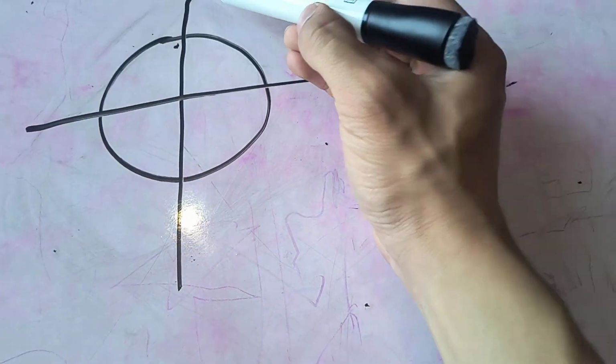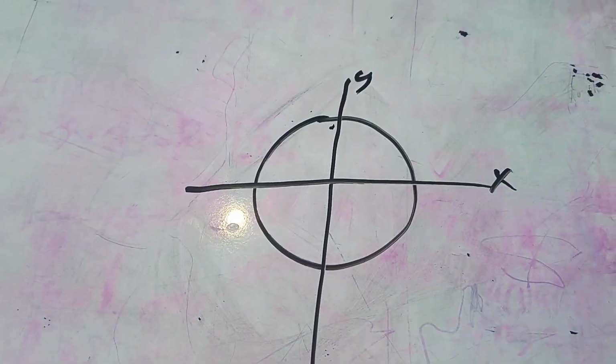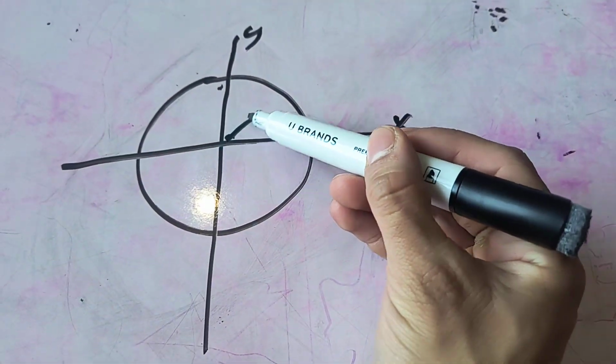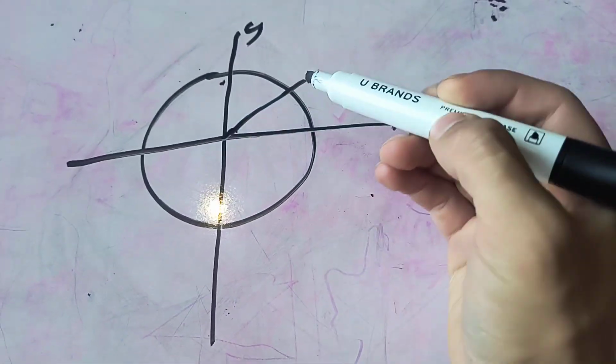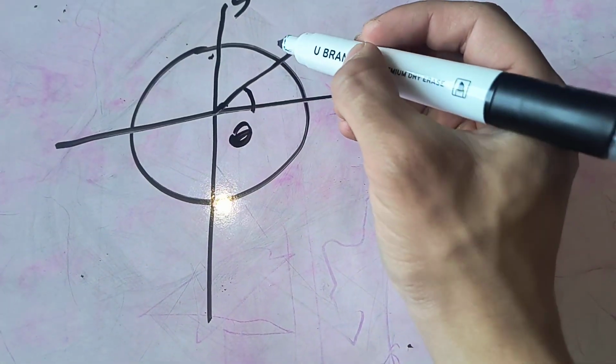Okay, listen. Pretend this is a unit circle. We have an angle of theta.